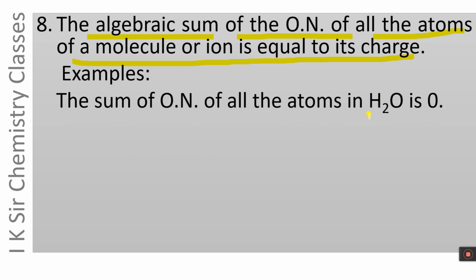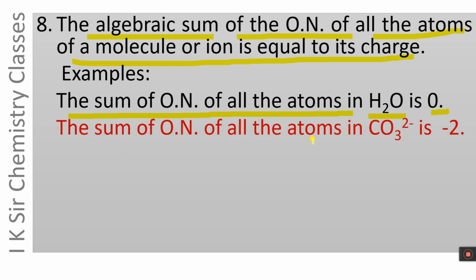There is no charge on H2O molecule. Therefore, the sum of oxidation numbers of all the atoms in H2O molecule will equal to 0. On the other hand, there is 2 minus charge on carbonate ion. Therefore, the sum of oxidation numbers of all the atoms in carbonate ion is equal to -2.